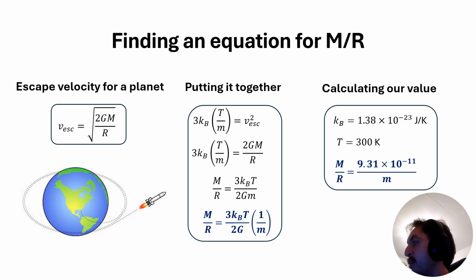But also consider what kind of gases we do not want the planet to capture, so what kind of gases might be harmful or potentially very dangerous. And that will give us an upper and lower bound for small m, which will allow us to find an upper and lower bound for capital M over capital R, bringing us closer to finding the range of radiuses our exoplanet might have.